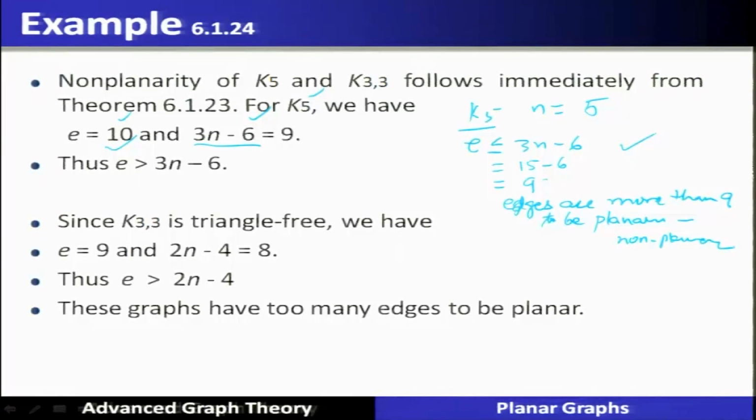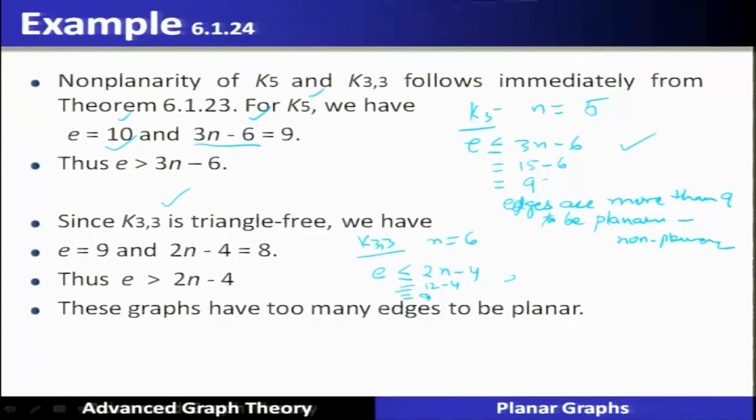Similarly, E should be less than or equal to 2n minus 4, and here in K3,3 we have n equal to 6. So that comes out to be 8.